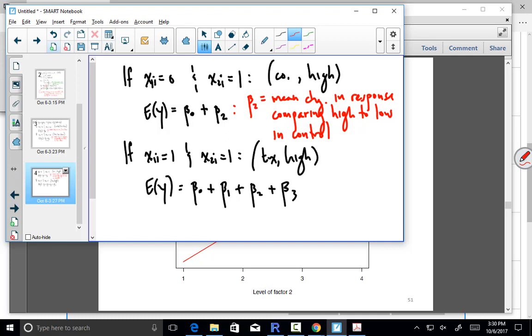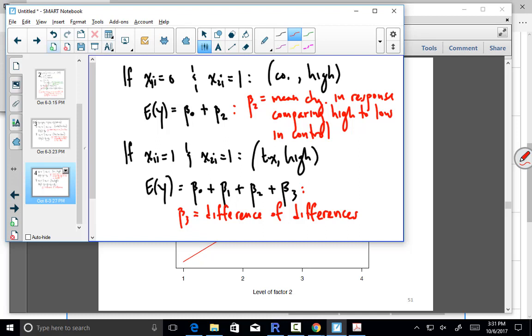Beta 3 is a little harder to write out, but an interaction term is a difference of differences. What I mean by that is beta 3 is a comparison of the effect of factor 2 in the control group compared to the effect of factor 2 in the treatment group.